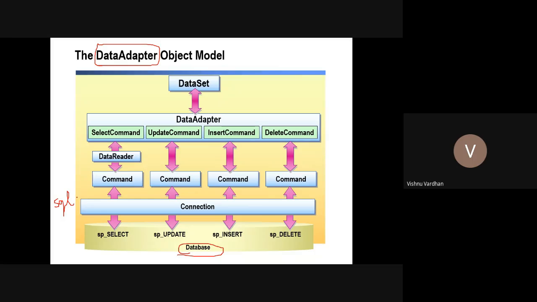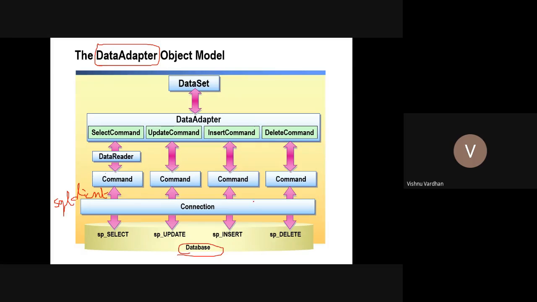Through this SQL client, you have to create an instance of the connection class. If you are working on MS SQL Server, you write SqlConnection con equal to new SqlConnection. That is how the connection is instantiated. After the creation of this connection, it is able to take commands.